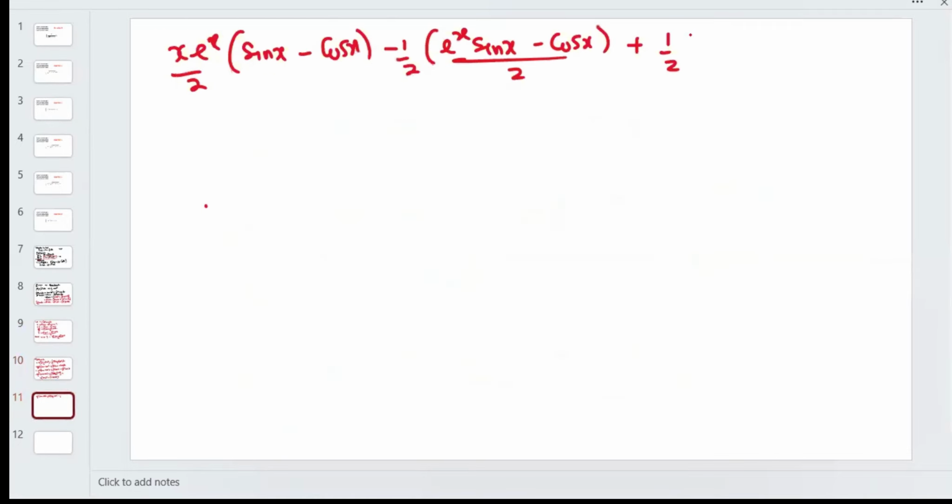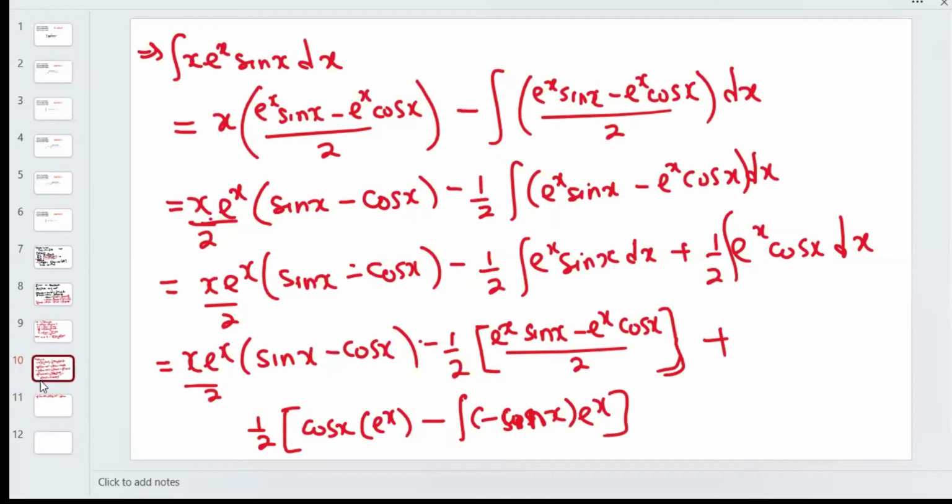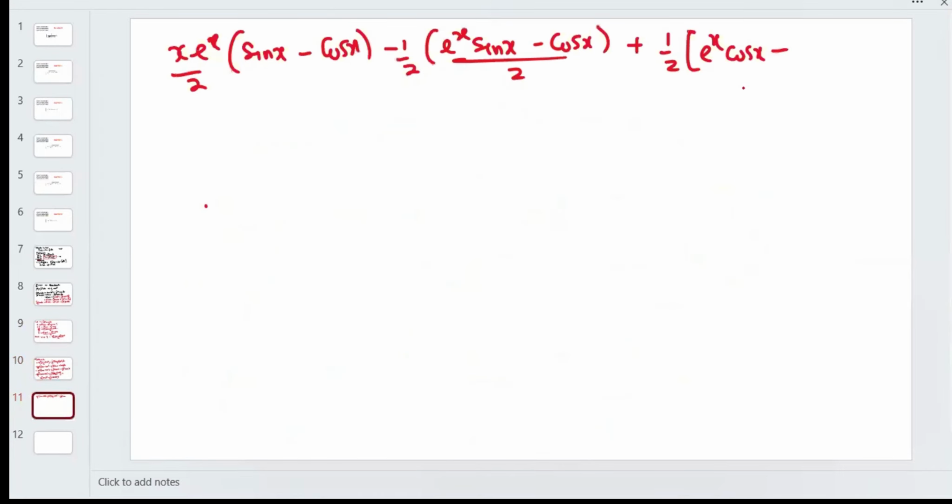So we have plus half, and then we have exponential x cos x, right? Then minus, we have minus times minus will give us a plus, so plus exponential x sine x dx. So we have this, all right? So we are just going to do this.